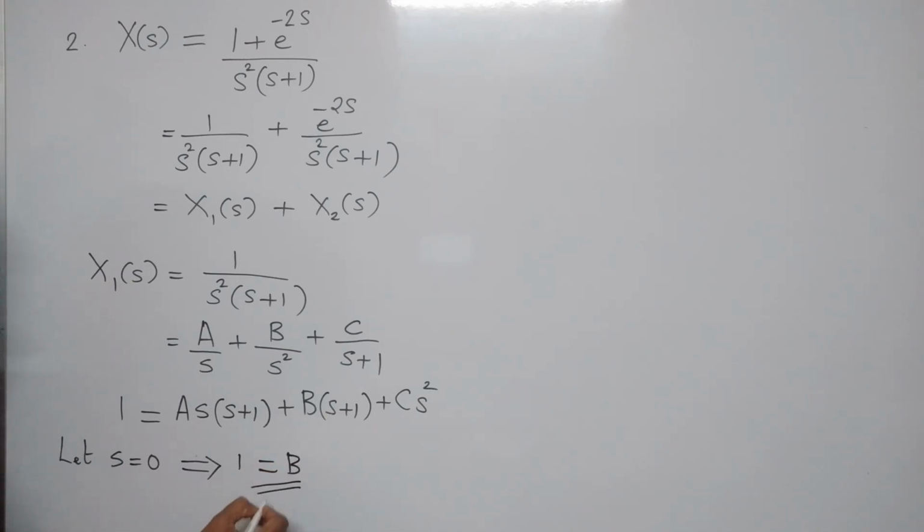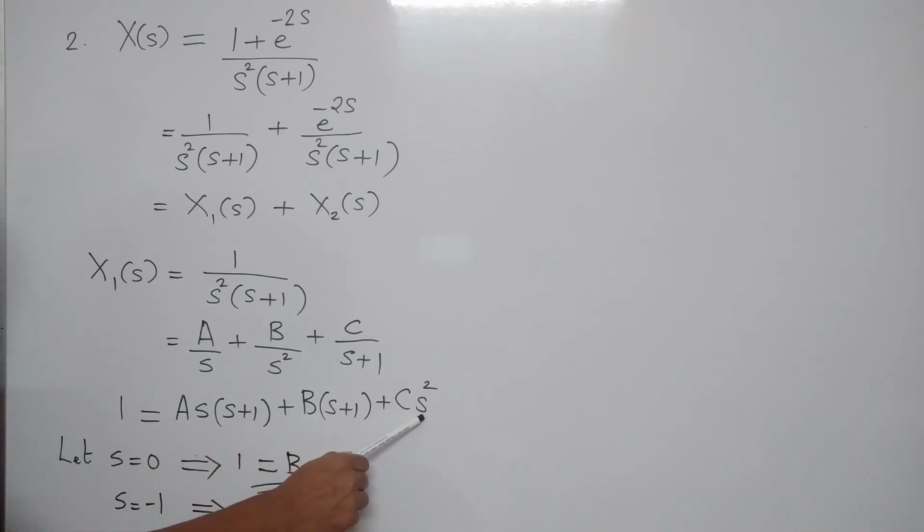Or we'll get B equal to 1. Similarly, substitute s equal to minus 1. When s equals minus 1, this term will reduce to 0, this will also reduce to 0, and minus 1 the whole squared is 1. So we'll get 1 is equal to C. So C also we'll get as 1.